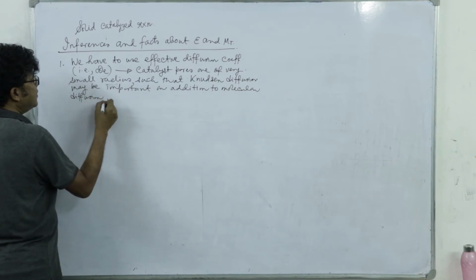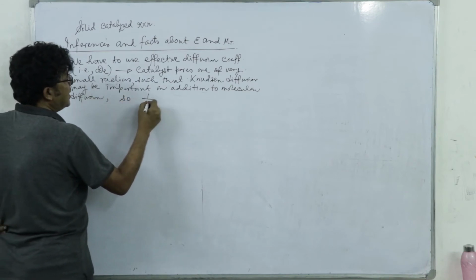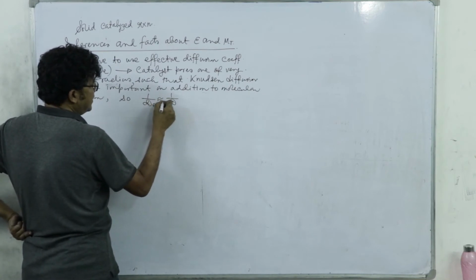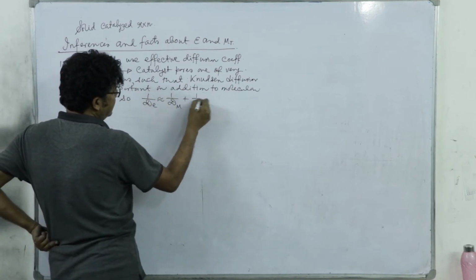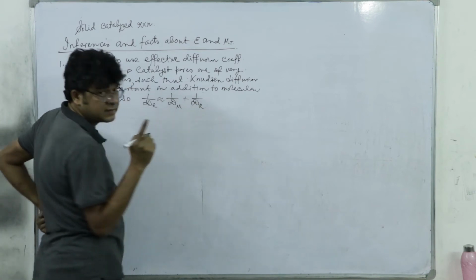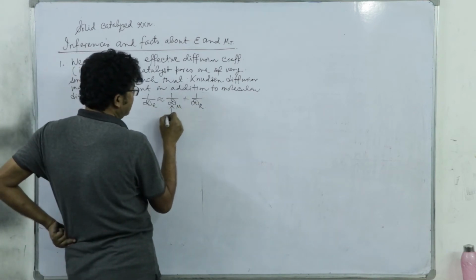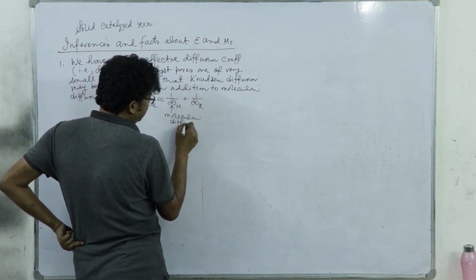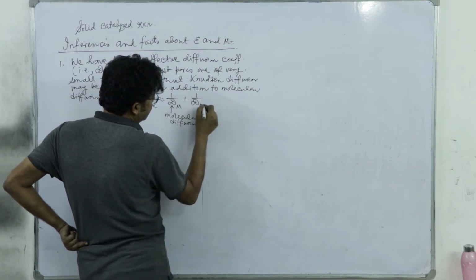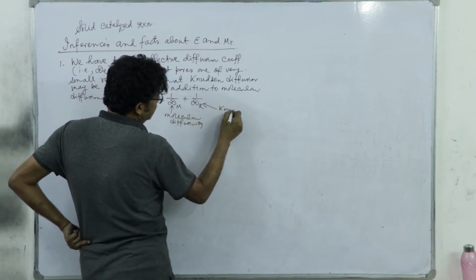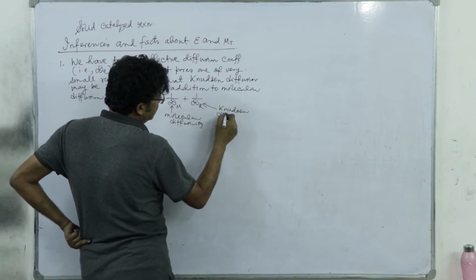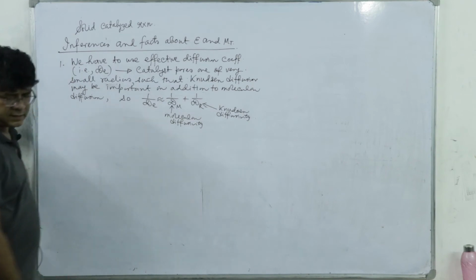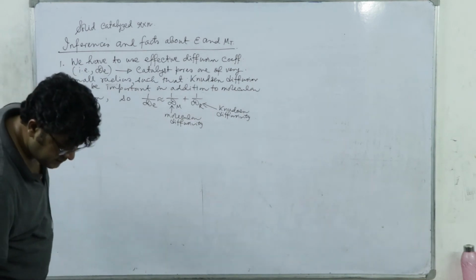Right? So, 1 by dE is equal to approximately, this is not the exact formula, 1 by dM plus 1 by dK. We have discussed it in mass transfer. So, this is the molecular diffusivity, this is the Knudsen diffusivity. Right. So, that we have to consider.